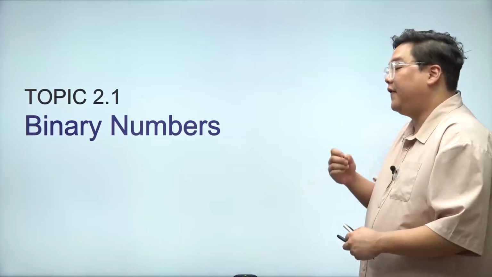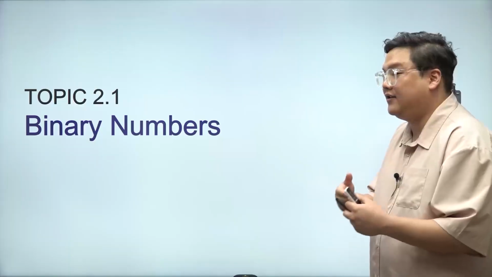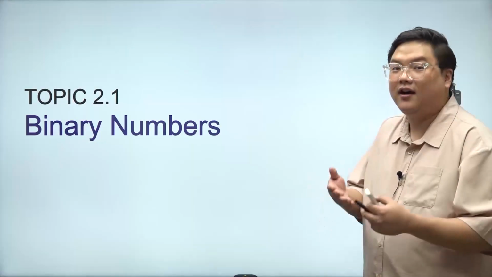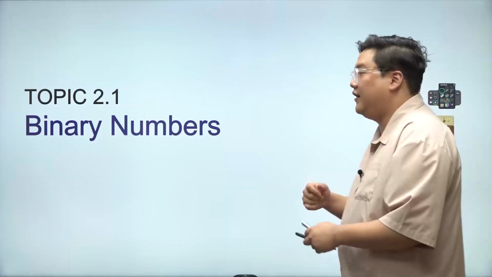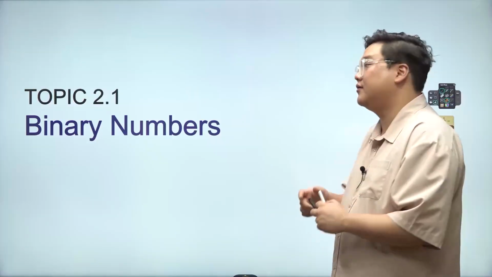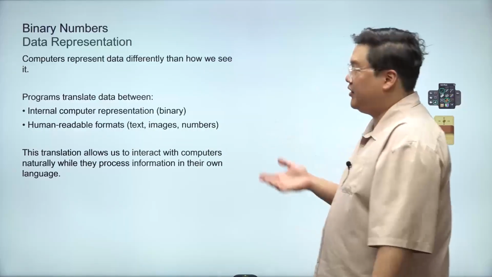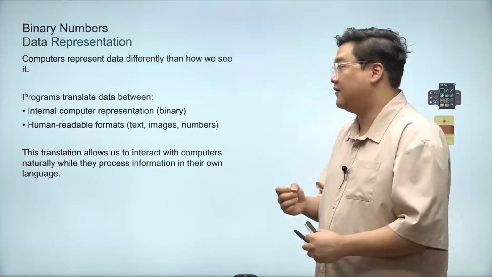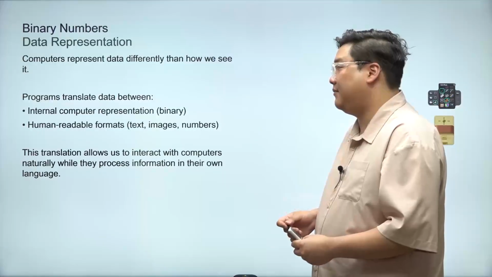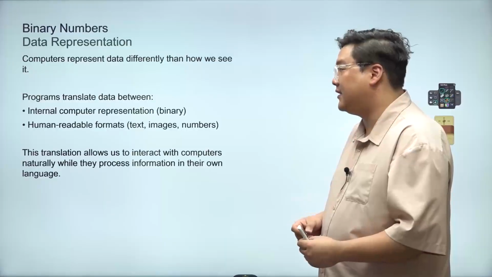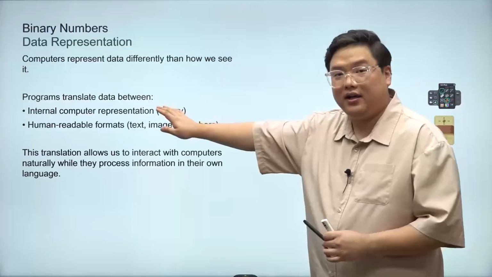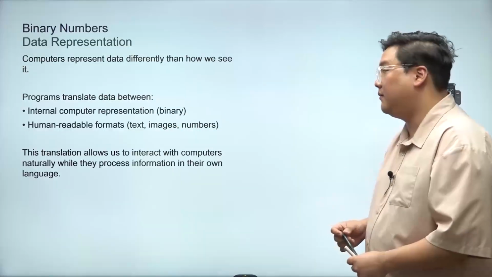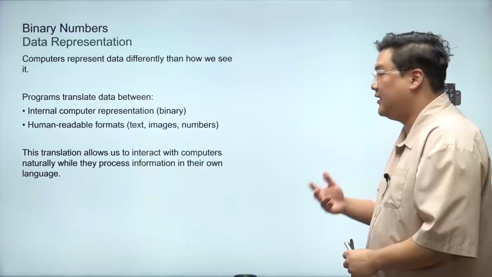But first we need to understand how this data actually works on the computer. The first thing we need to know about is binary numbers. Computers represent data differently than how we see it. Programs translate data between internal computer representation, that is binary code, and human-readable formats: text, images, and numbers.